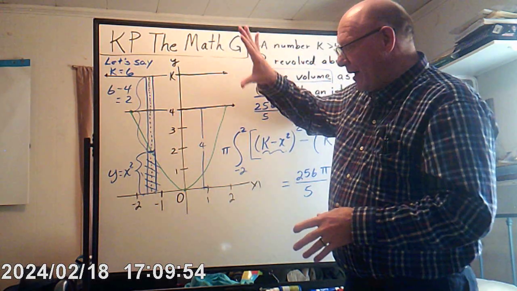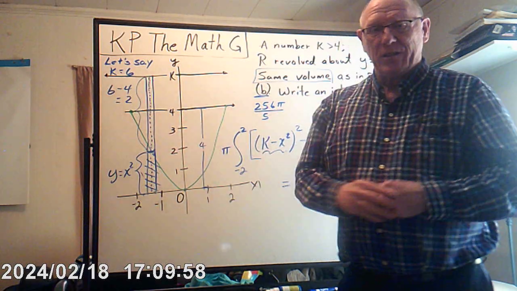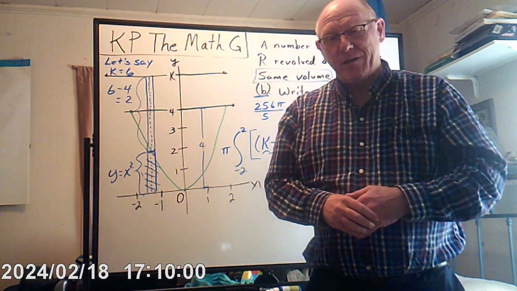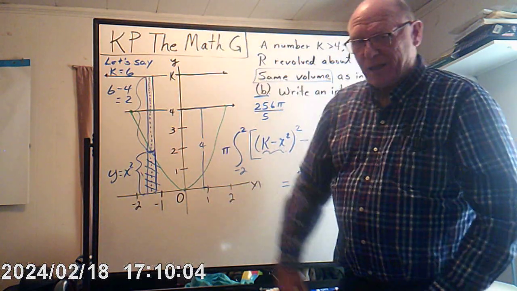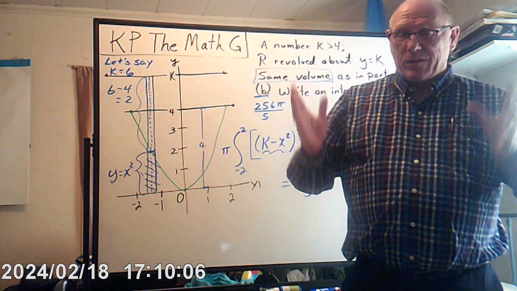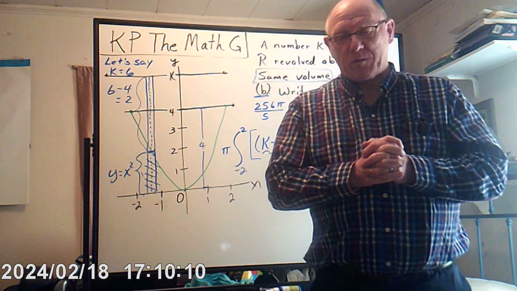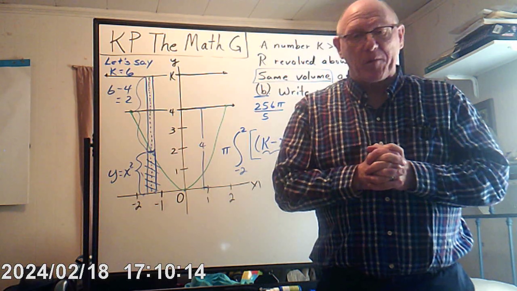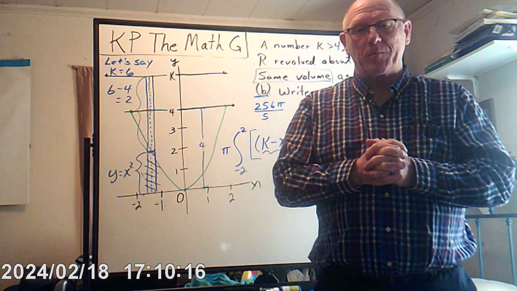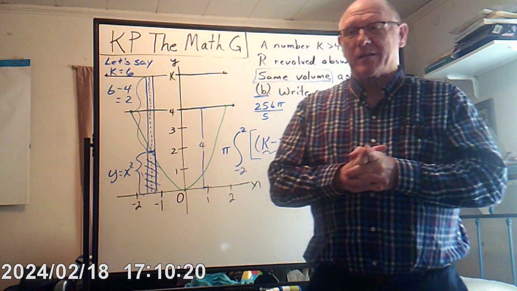And it seems like you get one of these of some kind somewhere, whether you're finding area or whether you're rotating or revolving something, you're going to have it. It's going to be on there. That 2024 test is going to have one on there. Probably 100%. Okay? Something of that effect.